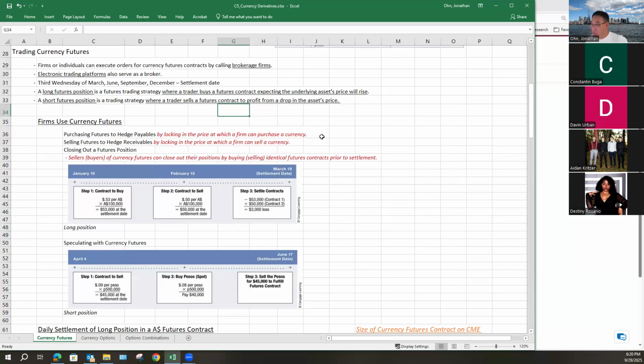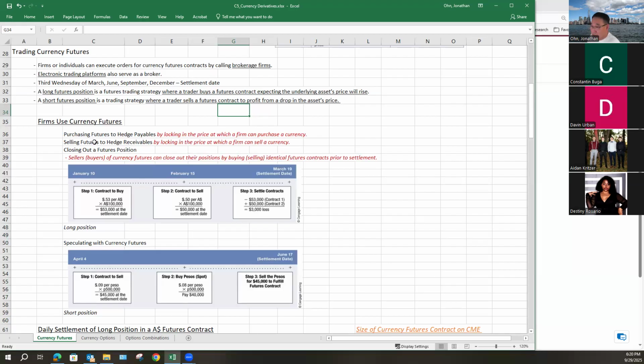Because of this uncertainty, or exchange rate risk, you purchase this futures contract for British pounds to lock in the price at which we can purchase the currency.